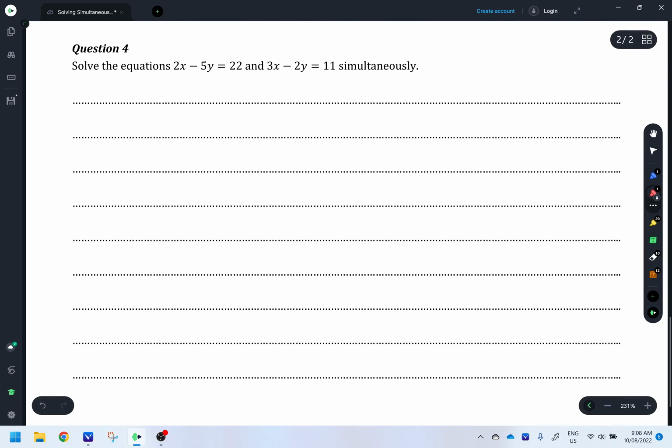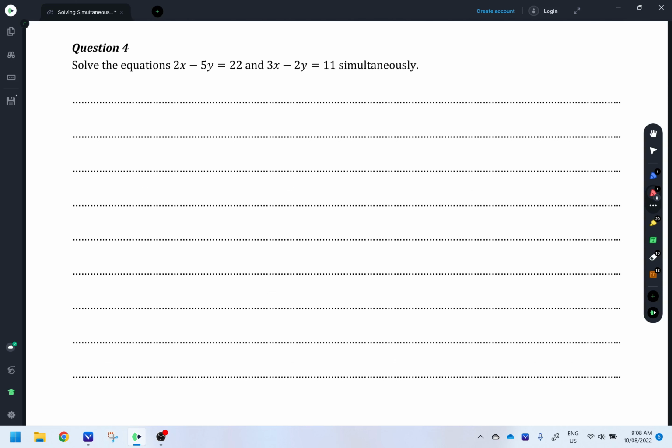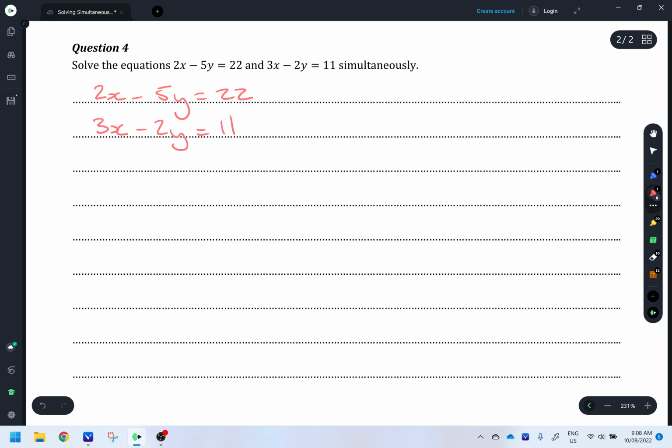One last question. So again, let's just line up these two equations. So we have 2x minus 5y equals 22, and 3x minus 2y equals 11. Now looking at this question again, we see that neither the x's are identical nor the y's are identical.